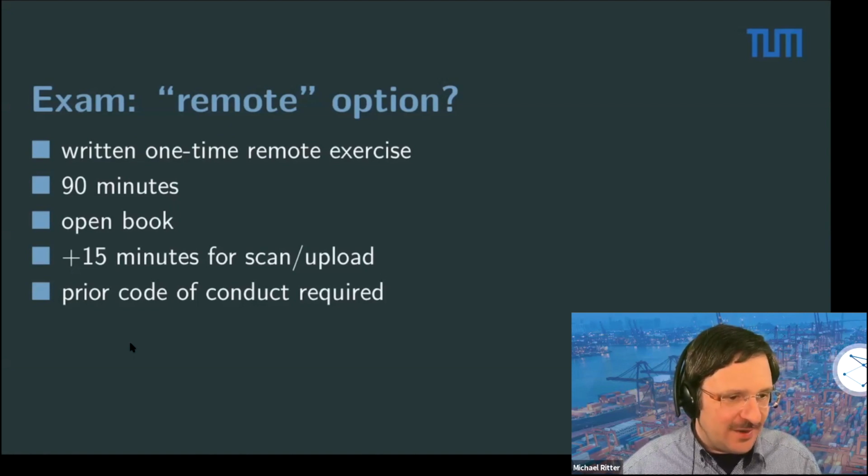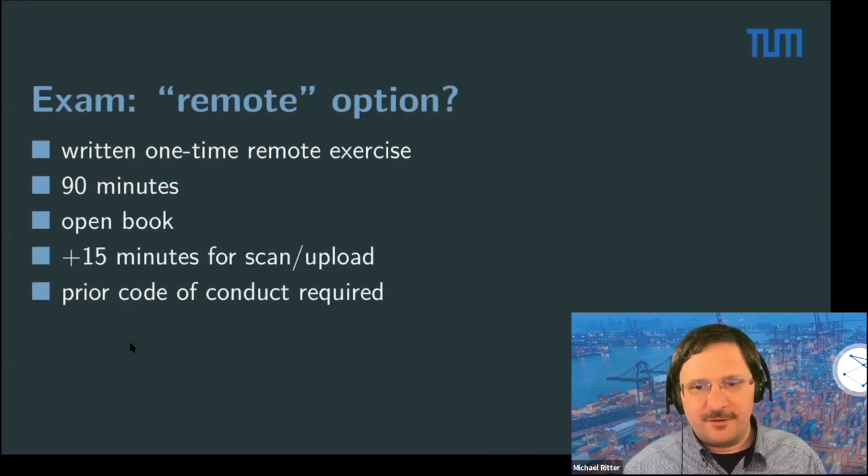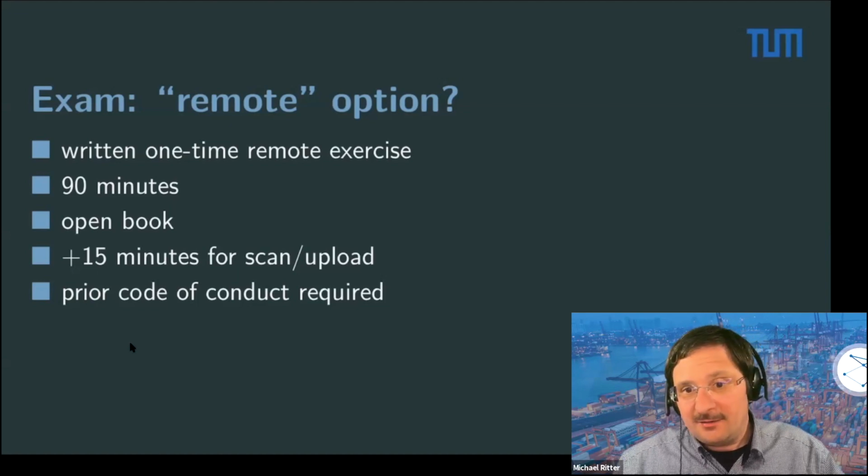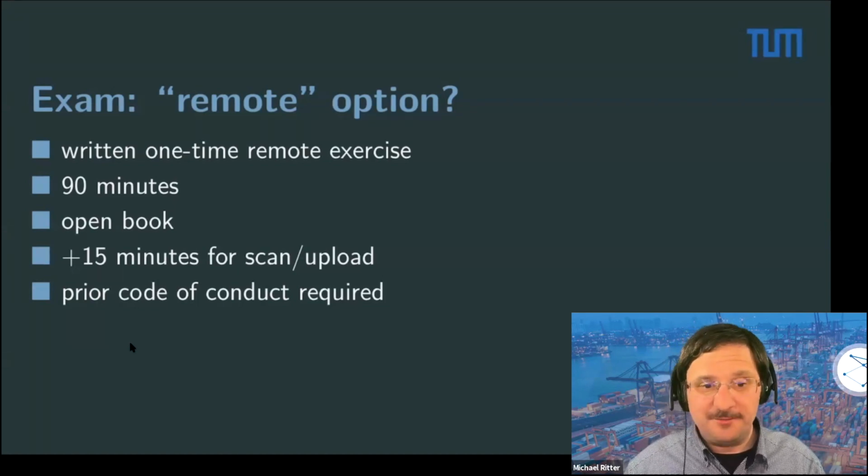How much time before will we get informed about which exam we will write, on or off campus? I do hope to have that information, let's say, mid-May or so. So in about 4 weeks, that's when I should make the official announcement. But depending on the pandemic, things might change quickly.